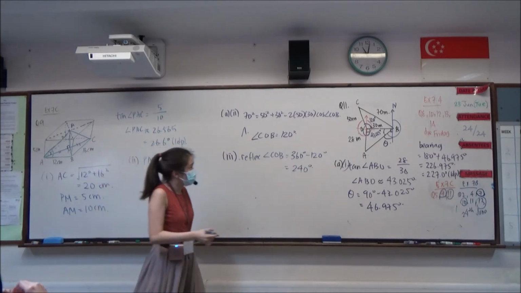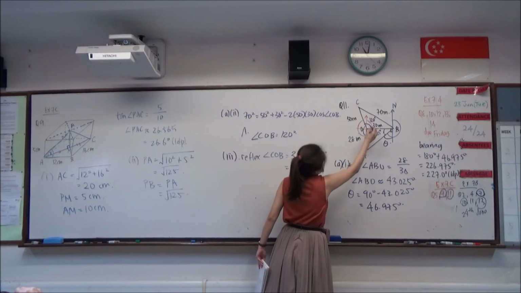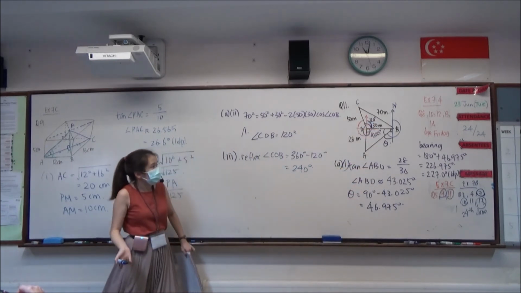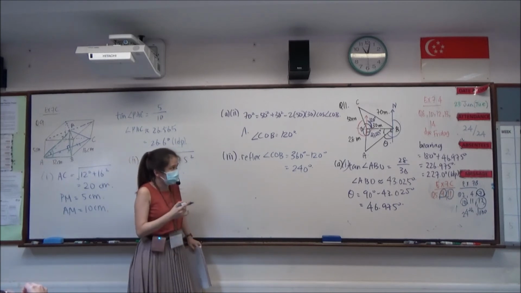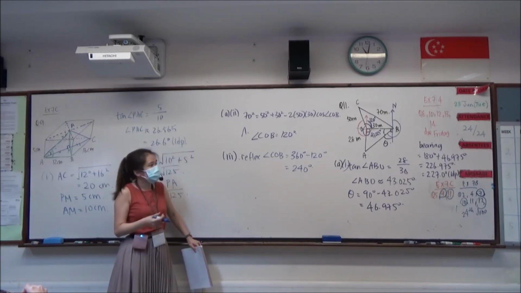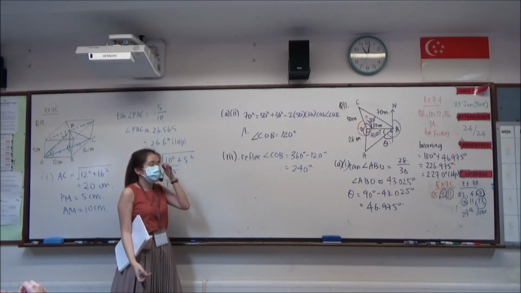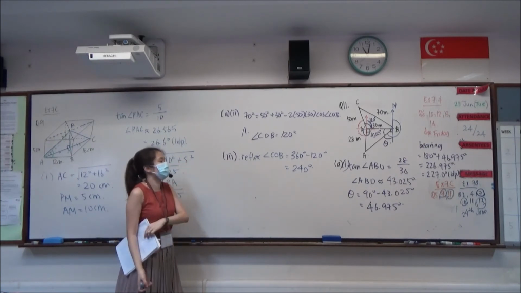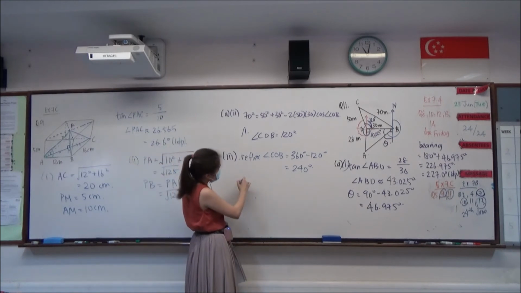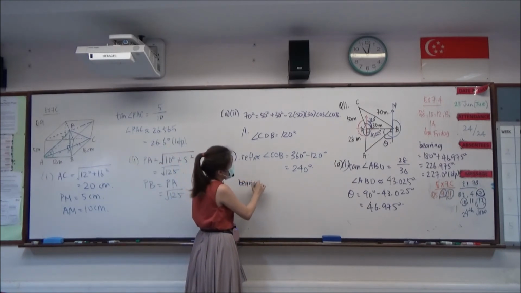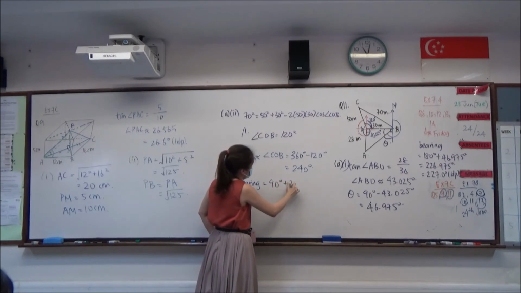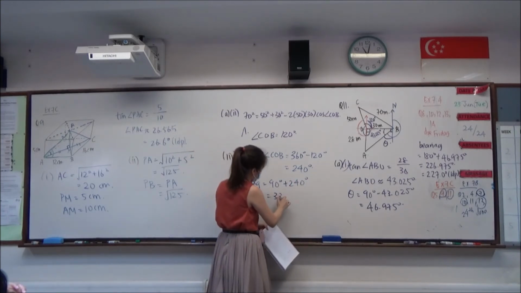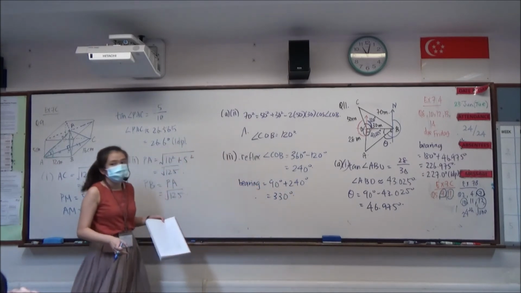Then we are only short of this particular part to contribute to the bearing. That part is 90 degrees because OA is a straight line, in the sense that A is directly due south of O. So the bearing would be 90 degrees plus 240 degrees, and we have 330 degrees. Okay?